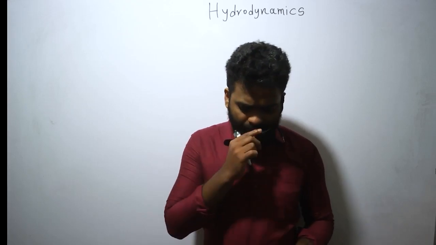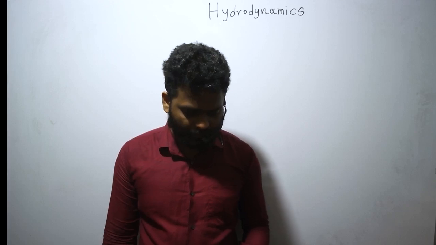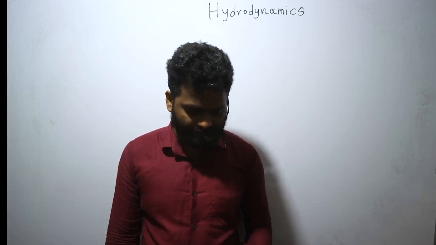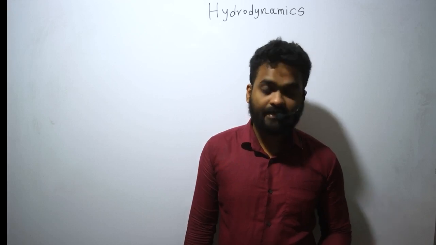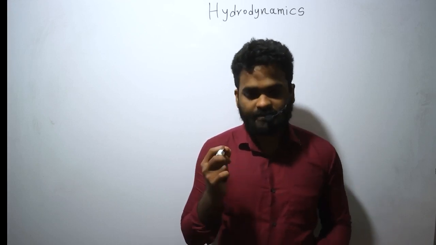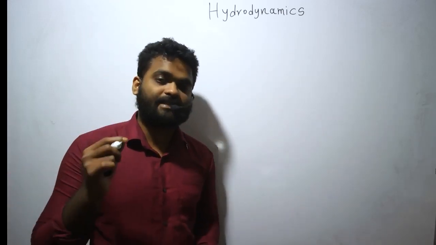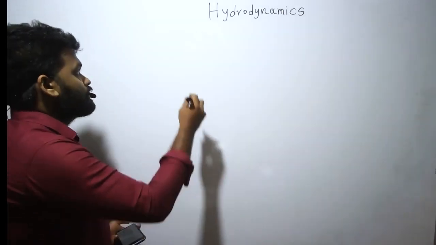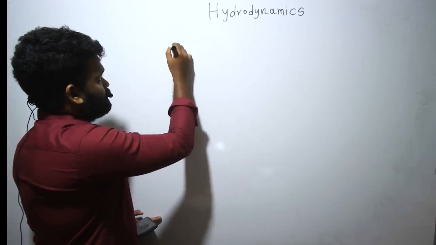An incompressible fluid flows through a pipe at a rate of 22 cubic centimeters per second. What is the speed of flow where the radius is 3.5 centimeters? Since this is an incompressible fluid, we can apply the continuity equation, or just apply the volume flow rate.